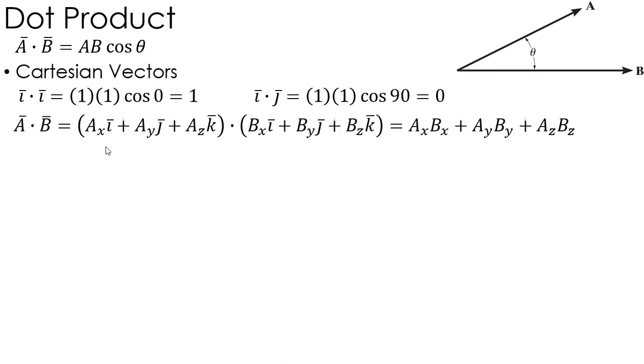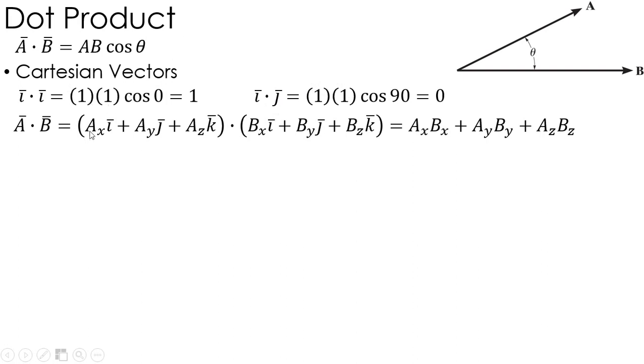So when I plug that into an equation, I've got Ax, Ay, Az, Bx, By, Bz. I'm going to take this term times this term, and then i dot j, i dot k, do the same thing with j dot k, and so on. Everything drops off, all the unlike terms, so i dot j, j dot k, and so forth, they go away.